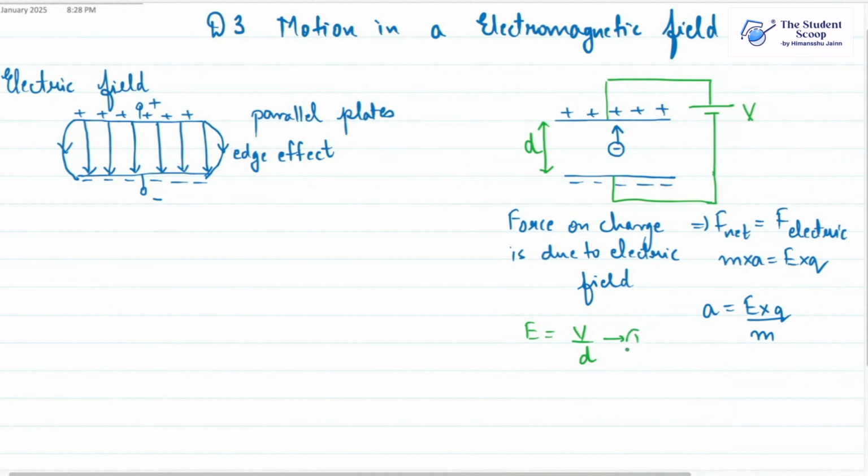If this is your equation one and this is equation two, we can use both and write acceleration is equal to V by d into Q by m.